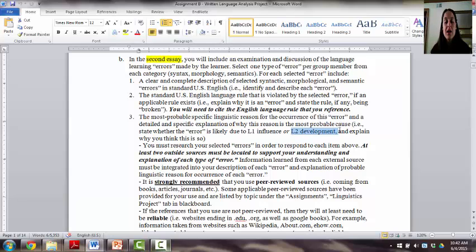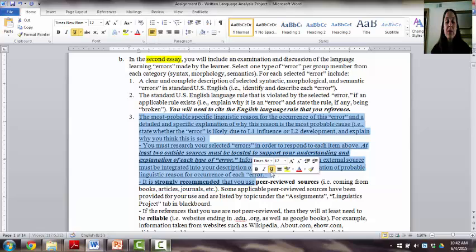Or you can argue that this is just a normal sort of second language development issue, where the child is still learning the language and is still practicing and trying to apply the rules, and in that application, the error sort of emerged. For today, for this week, I don't want you to worry so much about number 3.